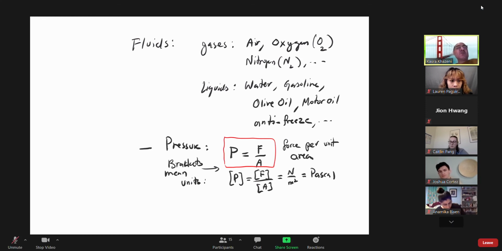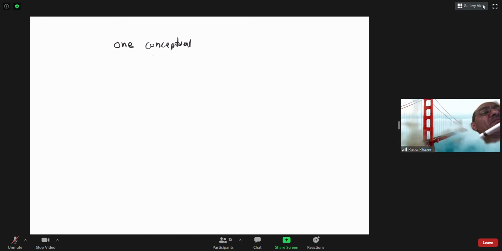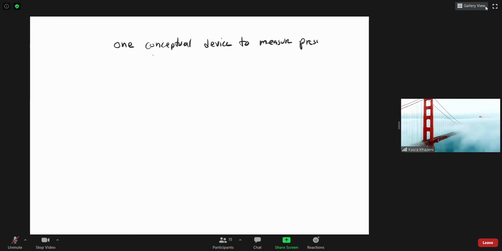So one way the book shows is one conceptual device to measure pressure.